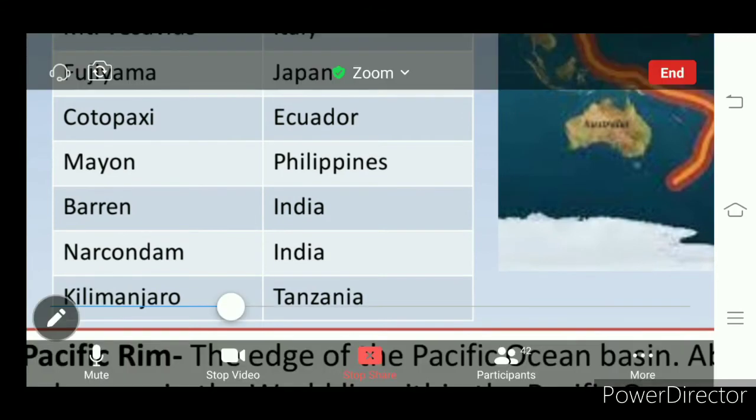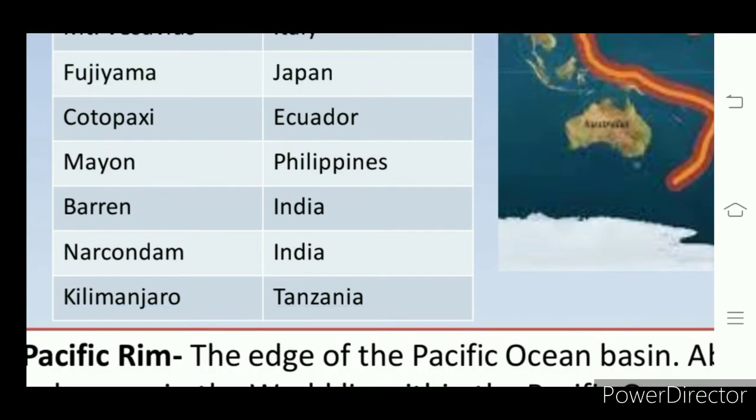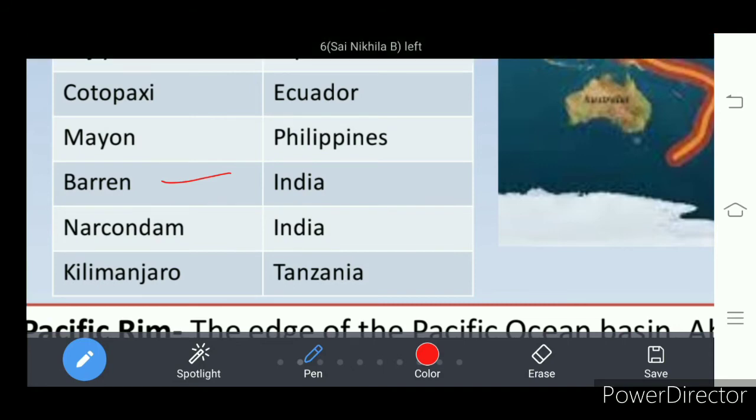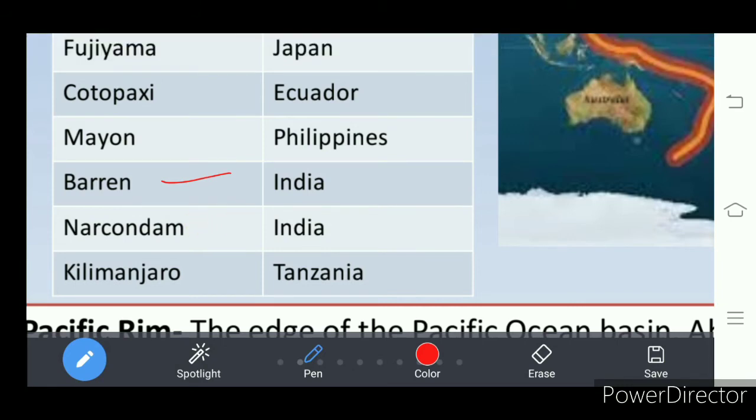In India too, we find volcanoes. Those are Barren. Barren is a volcano we find in India. That means in the Andaman Nicobar Islands, we find these volcanoes, Barren and Narcondam.